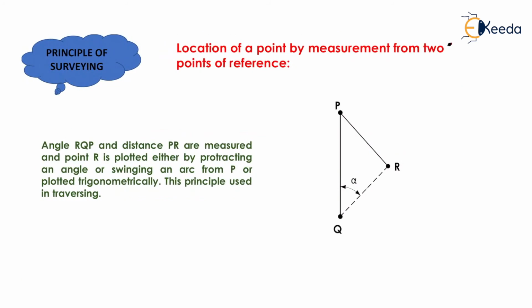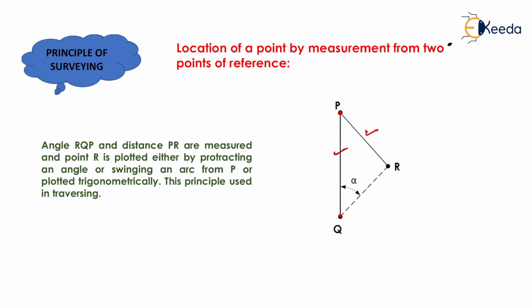Now the next one is, suppose that P and Q are already known and PQ distance is already known. So we will plot this PQ line on our sheet. Now from P we can easily measure the distance between P and R, so we will measure the distance PR and plot this on our sheet.